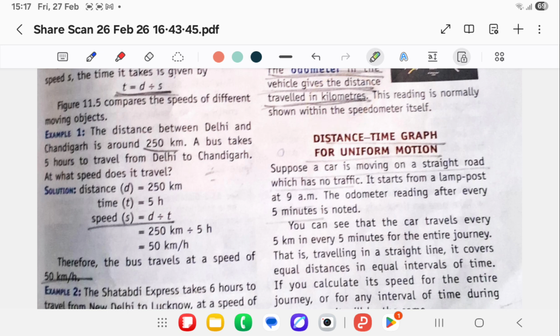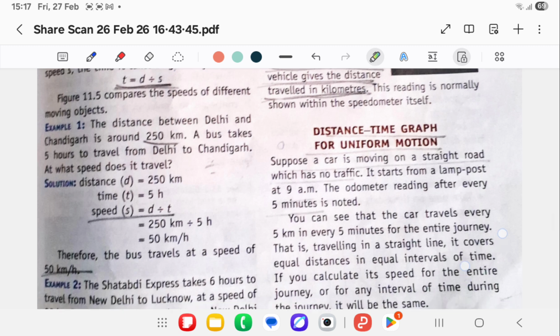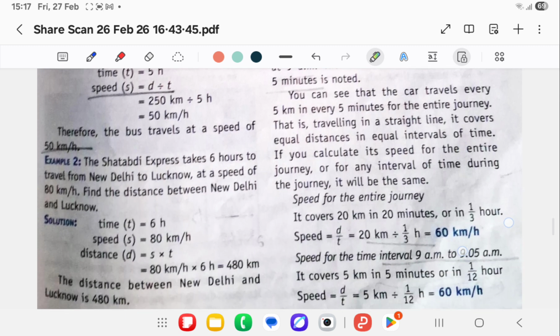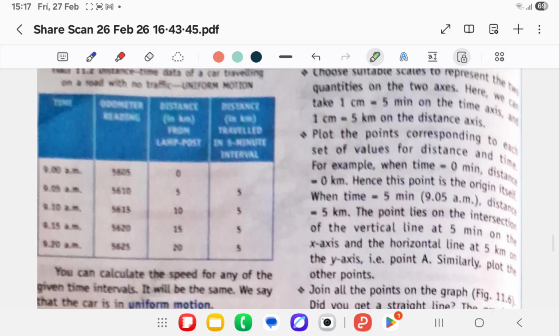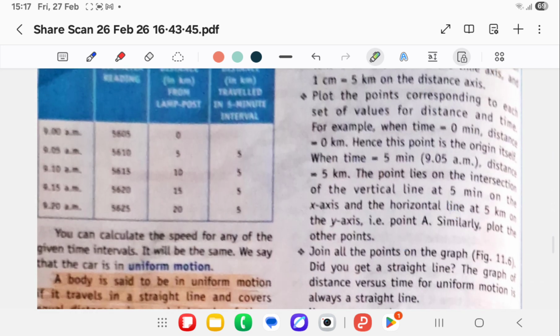Now, the distance time graph for uniform motion. Look at this graph. This is your x-axis, this is your y-axis.